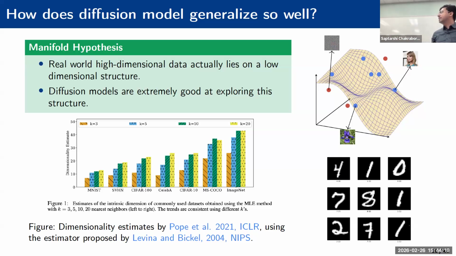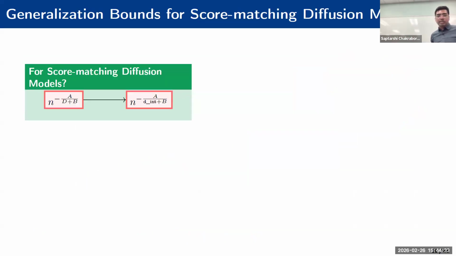But this is the main idea, that your images lie close to a manifold, and we want to understand whether this low-dimensional structure plays an important role in finding the generalization bounds for diffusion models. In classical statistics, or with classical estimators, we observe that the error bounds often scale quite adversarially with capital D, which is the extrinsic dimension of the data.